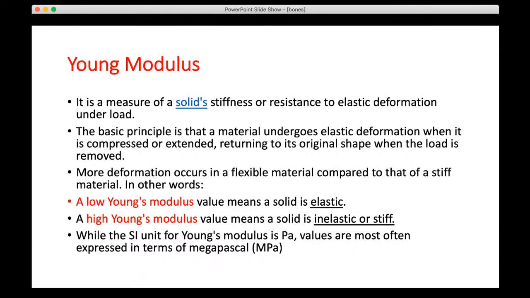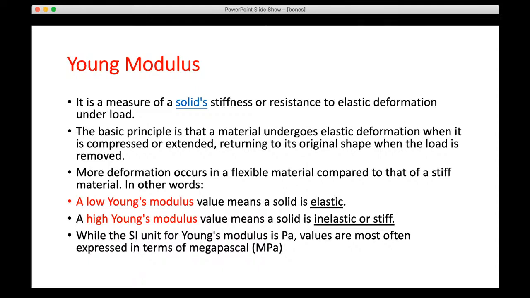It is elastic or solid, it is stiff or less stiff. So more deformation occurs in flexible materials as compared to stiff materials. So how do we find out from the value? If the value of Young's modulus is less, that means the material is elastic. On the other hand, if the value of Young's modulus is high, that means the material is solid, stiffer.